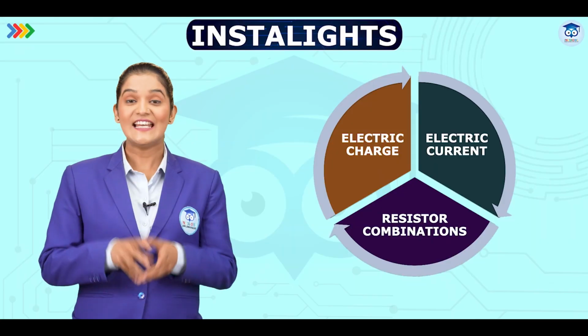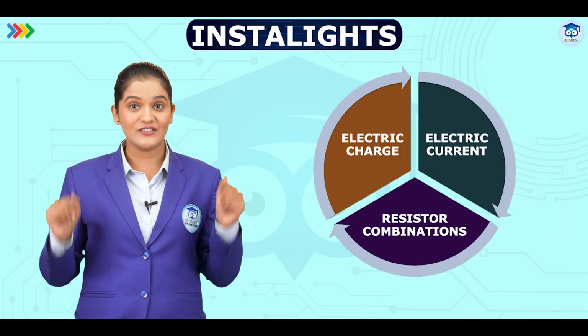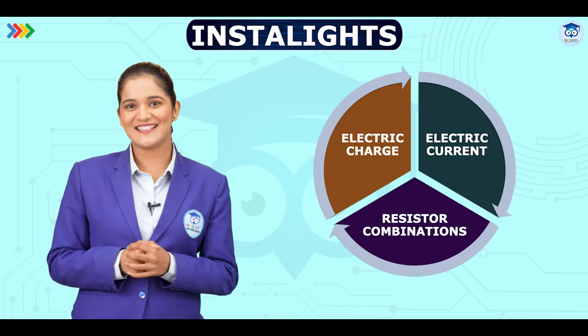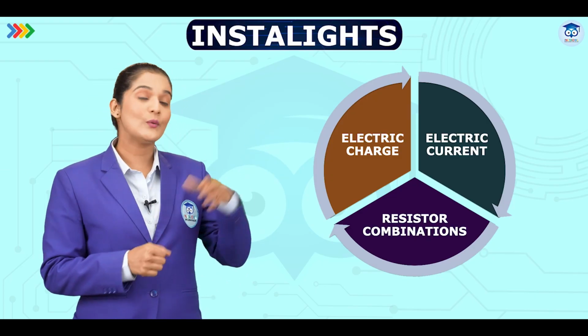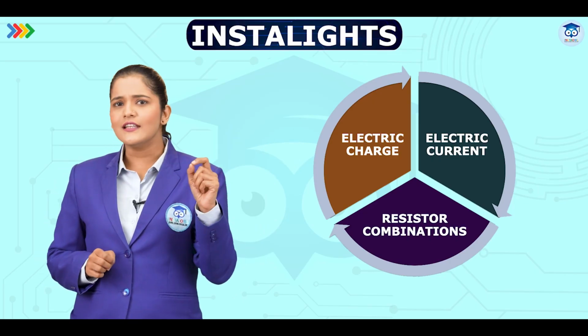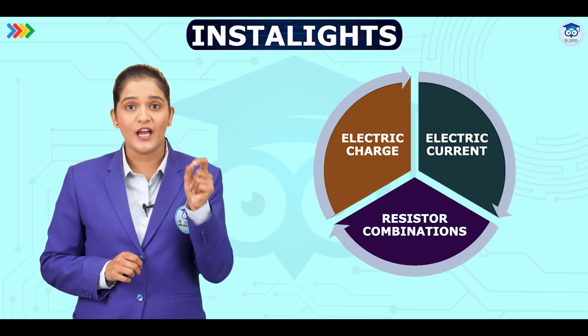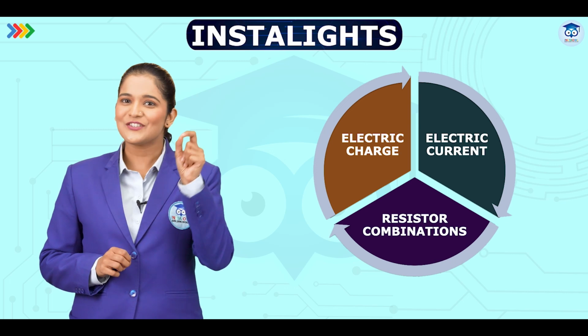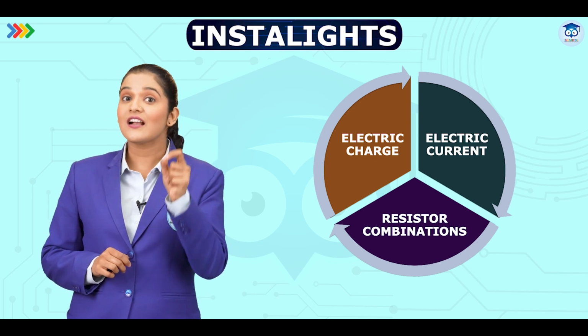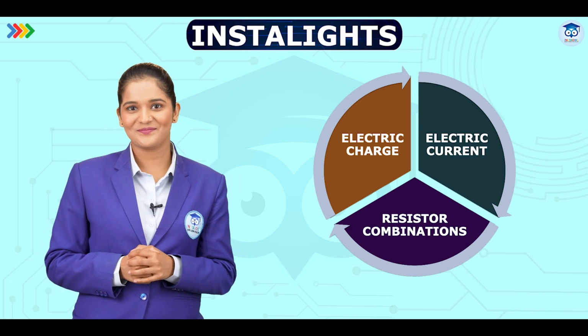Let us now recap what we have learned using our Insta Lights. We started with electric charge, learning how to calculate the total charge using the formula total charge equals current multiplied by time.